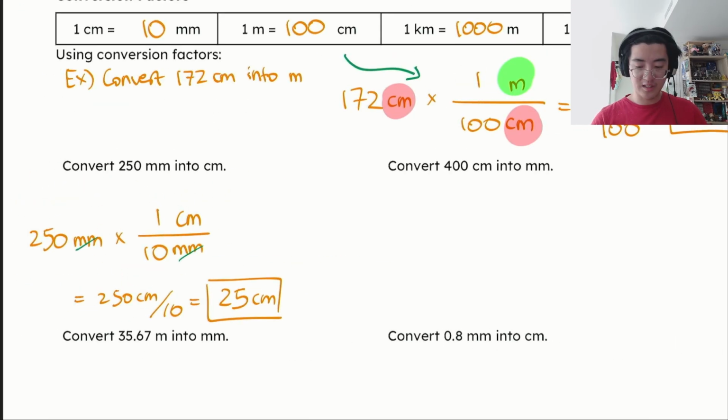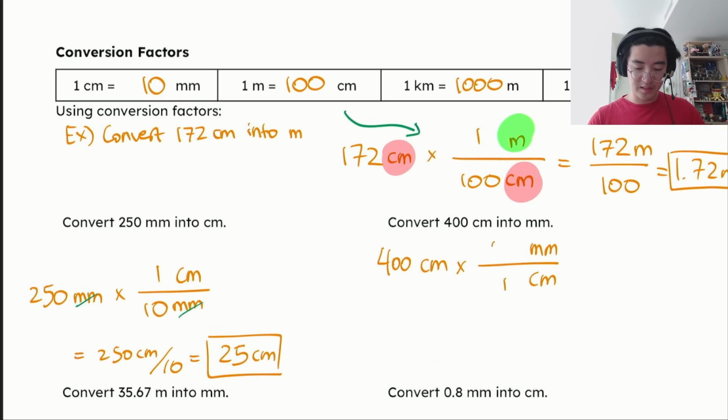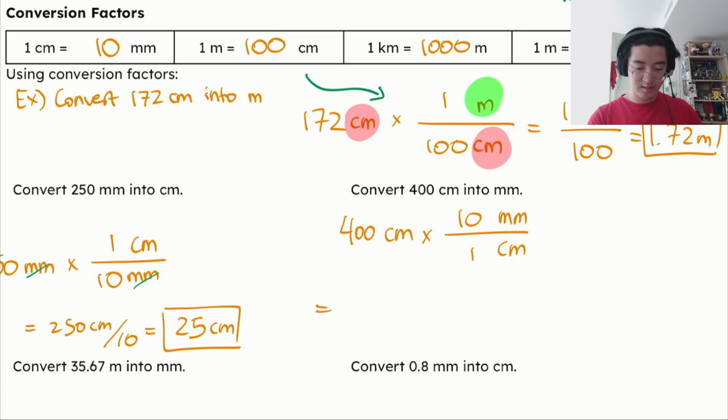Okay, 400 centimeters into millimeters. Cancel out the centimeter, convert into millimeter. Once again, it's 1 centimeter for 10 millimeters. So now this time we multiply. Units cancel out. 400 times 10 is 4,000 millimeters.